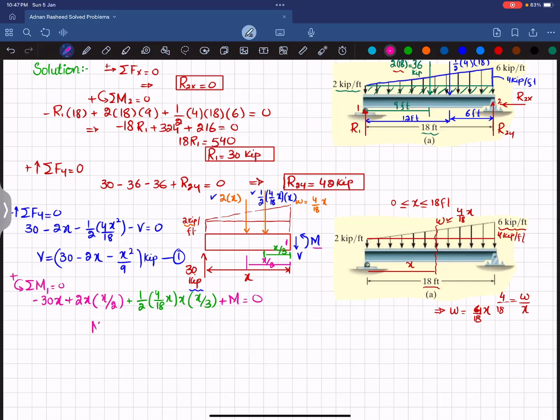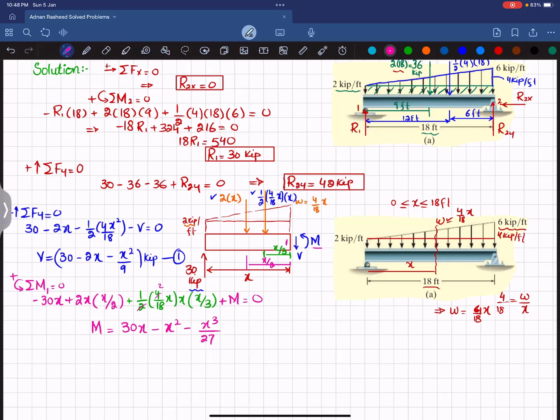So from this we will get moment equal to 30x minus x square, and this 2 will cancel with this, so 9 minus x cube over 3 times 9, so it will be 2 into 9, and 3 9s are 27.